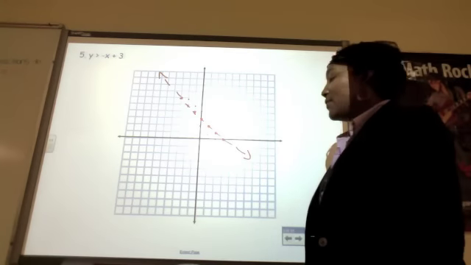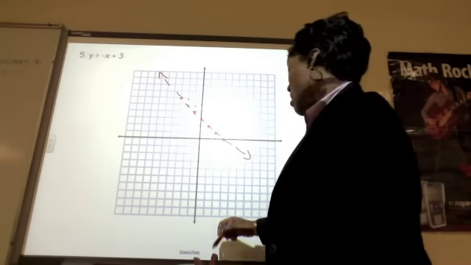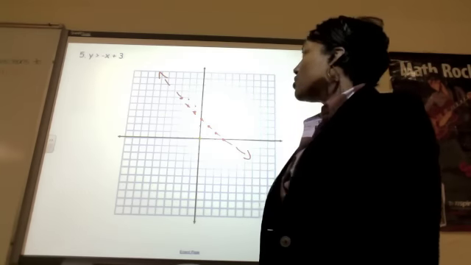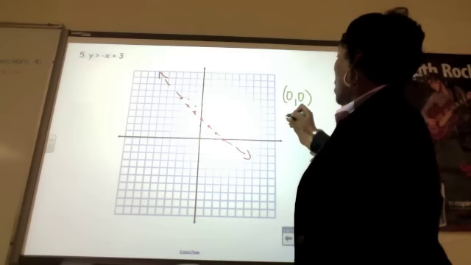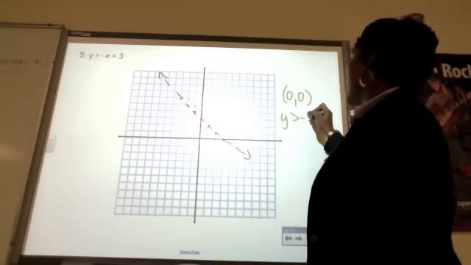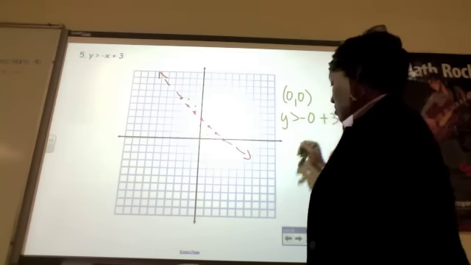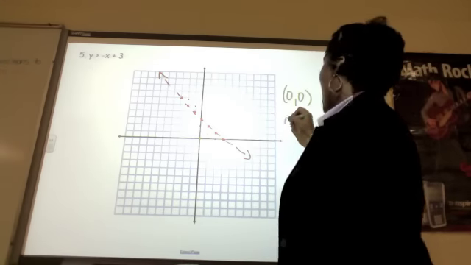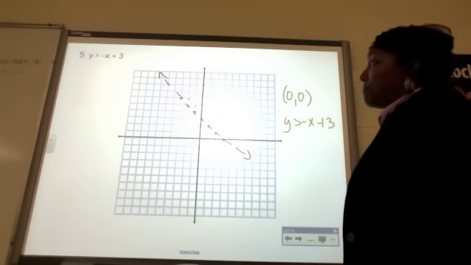Okay, let's figure out which side is the yes side, which side is the no side. All right, favorite point, 0, 0. So let's write the equation down. Y is greater than negative x plus 3.